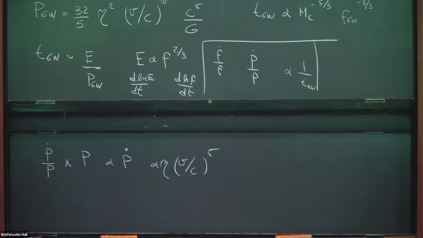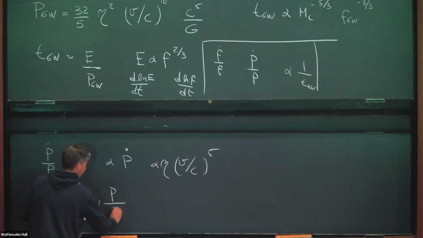Okay, another way of thinking about this P dot, you could say, what is the relationship between the time scale of evolution due to gravitational radiation and the period? You could say, let me do the ratio of P divided by the gravitational wave time scale of evolution. Is this evolving rapidly compared to the period or not? So again, this is P over P dot. So this would be P divided by P over P dot. I'm just doing very simple stuff, huh?